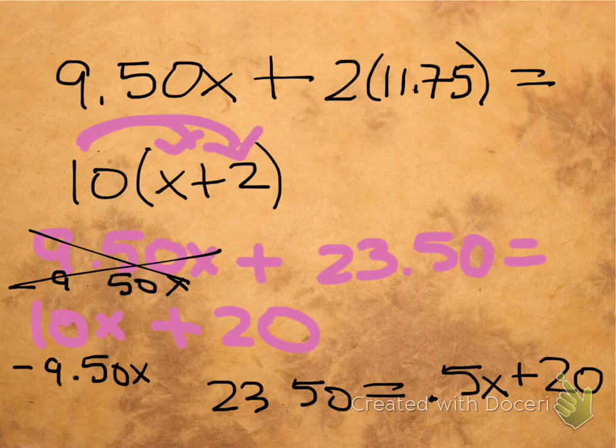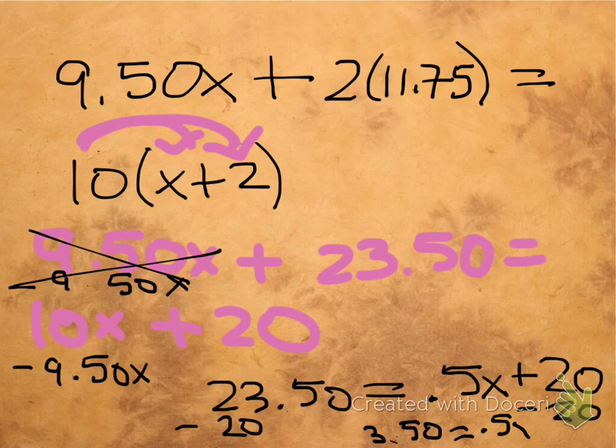I still need to combine the 20 and the 23.50, so I'm going to bring the 20 over to be with the 23.50, and I get $3.50 equals 0.5x. To get x by itself, I have to divide by 0.5. I ran out of room here. So 3.50 divided by 0.5 gives me 7.